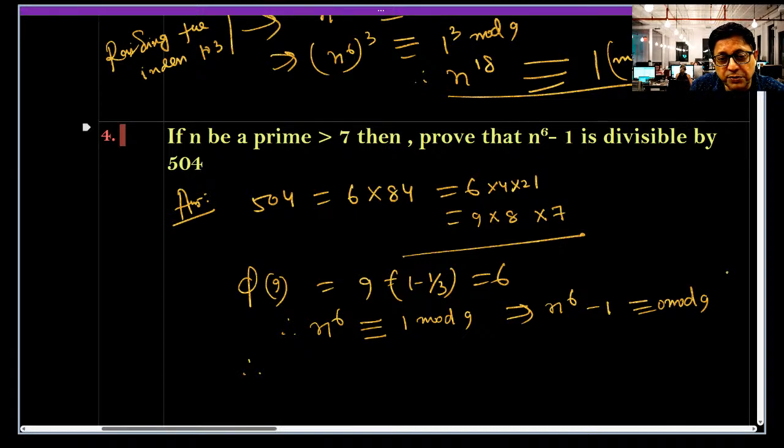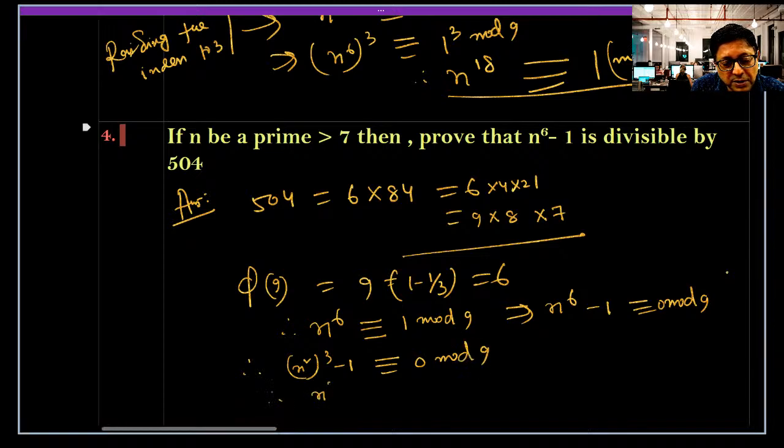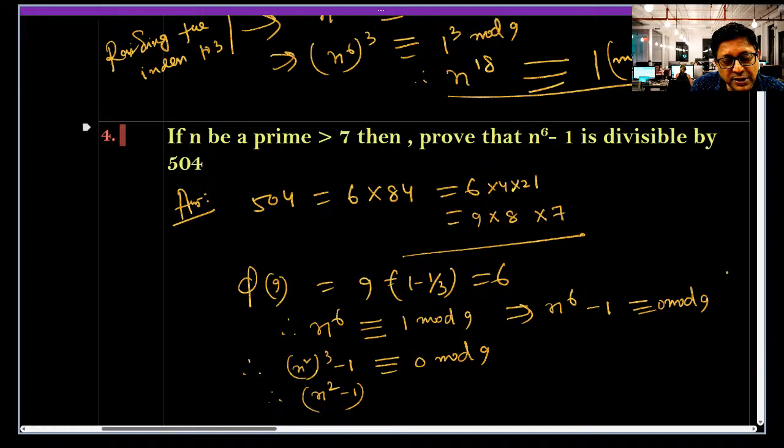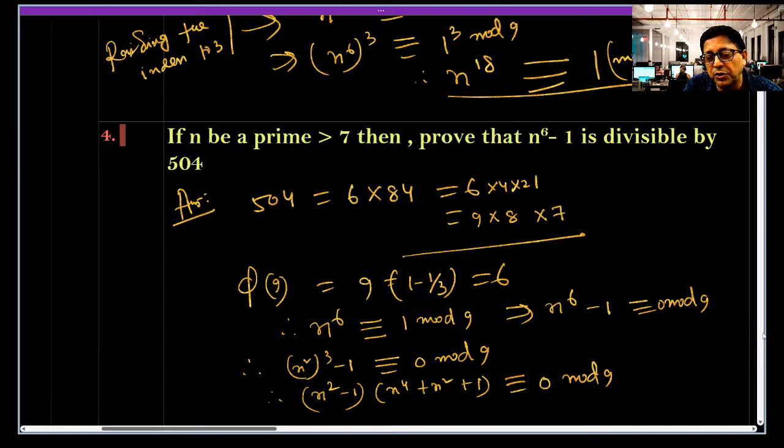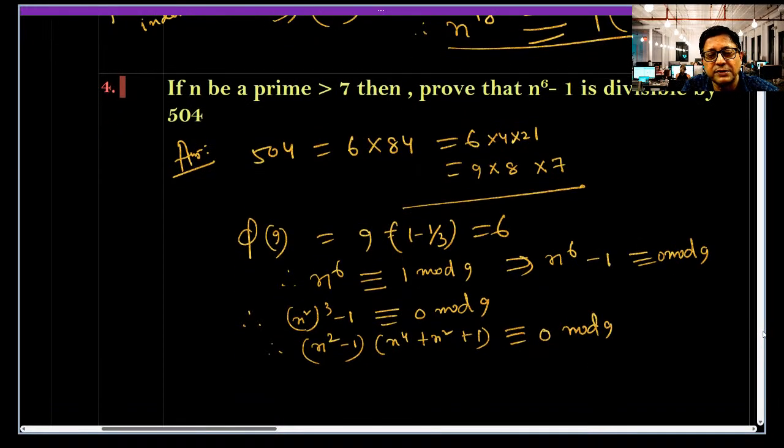Therefore, you write n square cube minus 1, that is n square minus 1 times n square plus 1, congruent with 0 mod 9. Am I correct?